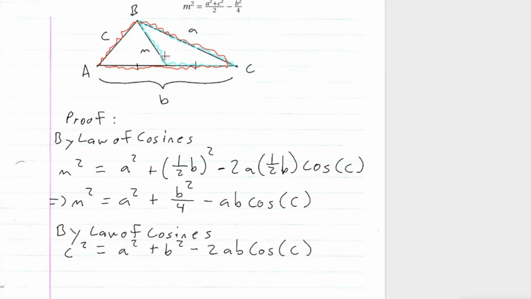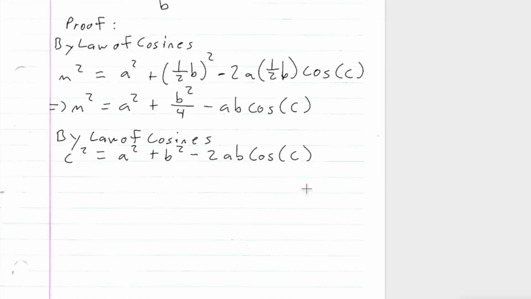That's in terms of the entire triangle, the red one, and of course c associates with angle c. Then, to get rid of the cosine up here, I'm going to solve for cosine of c down here and substitute that in there.